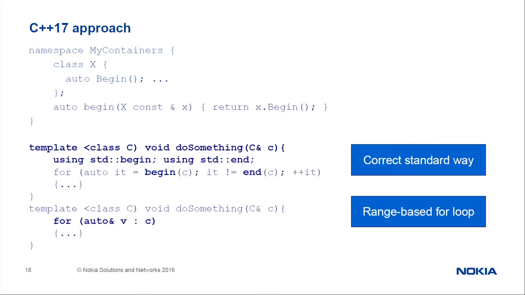This is what the range-based for loop does. It is something like that.